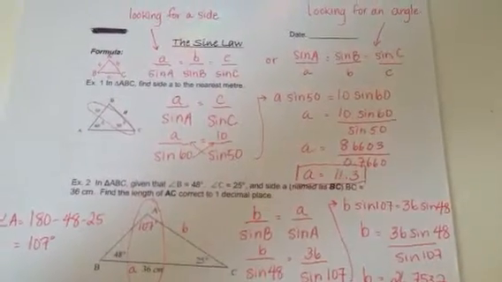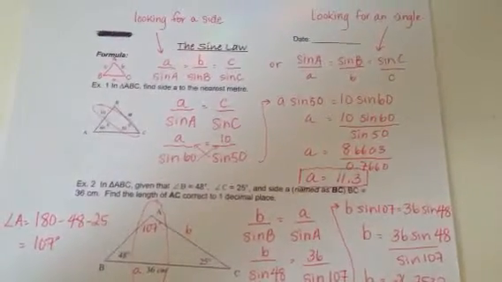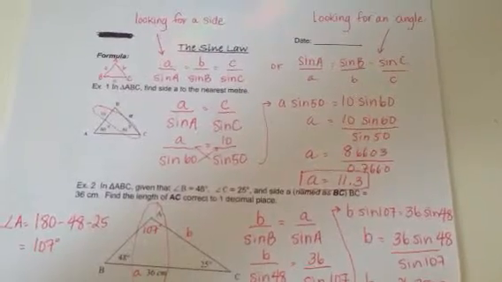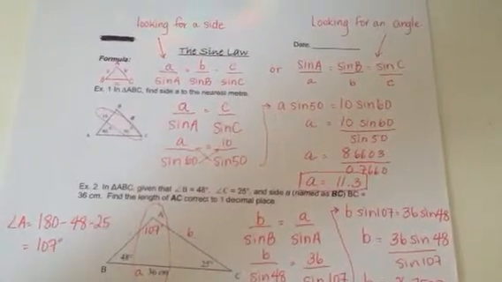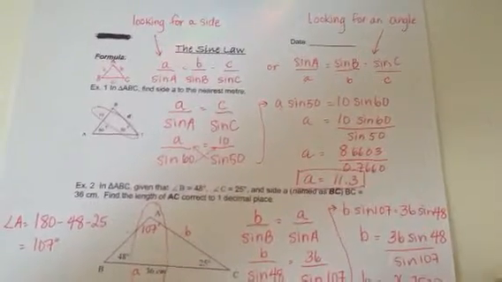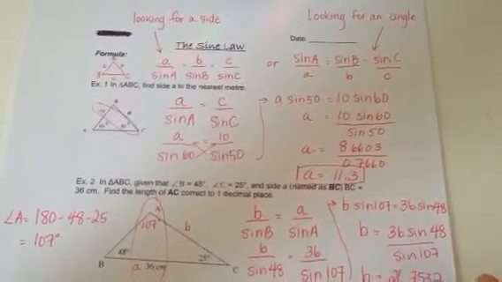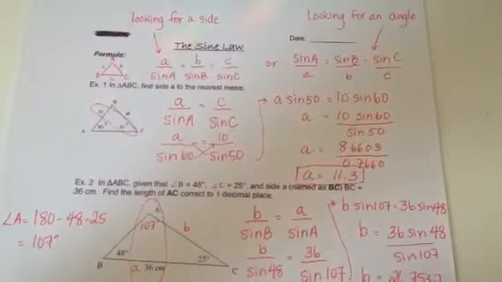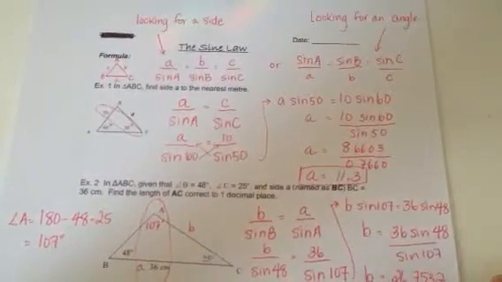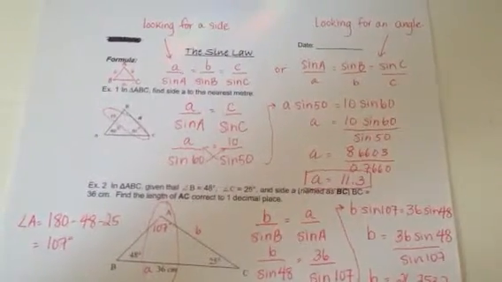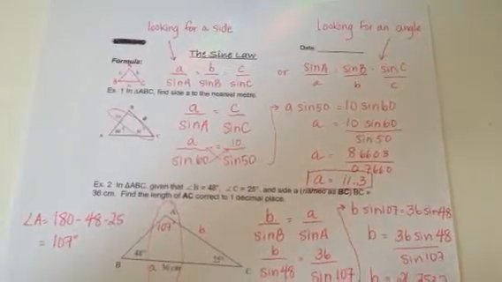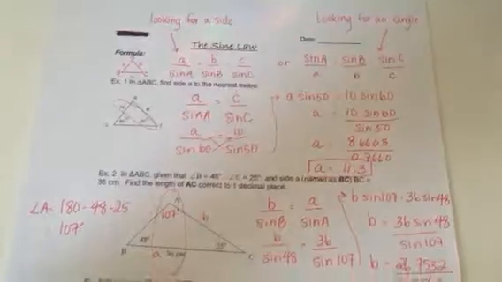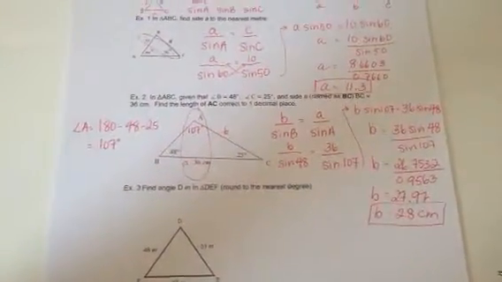So 26.7532 divided by 0.9563 is 27.97, which would give us 28 centimeters. Okay, there you go, 28 centimeters.